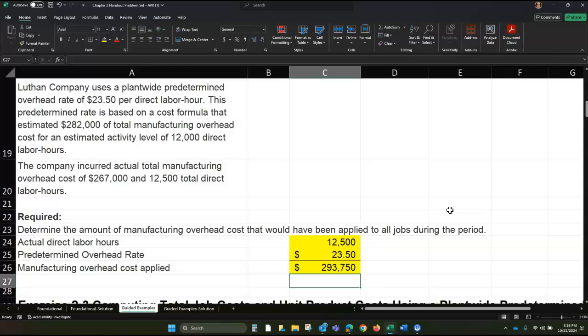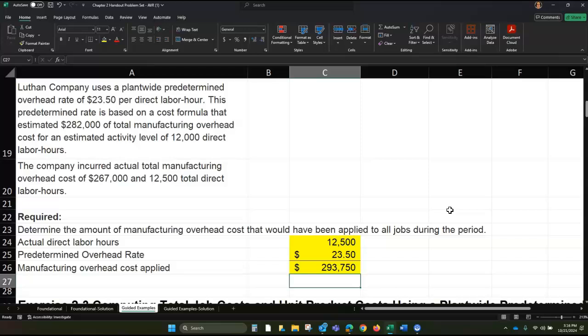Now let's stop and think about this one for just a second, because this is kind of a foreshadowing for a future chapter, I think chapter 3. What was our estimate for total manufacturing overhead dollars? 282. Our actual was 267.